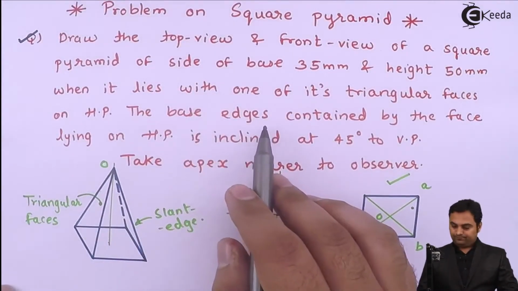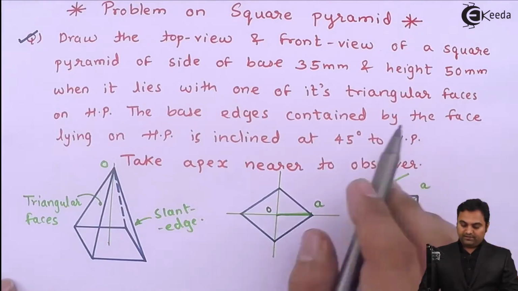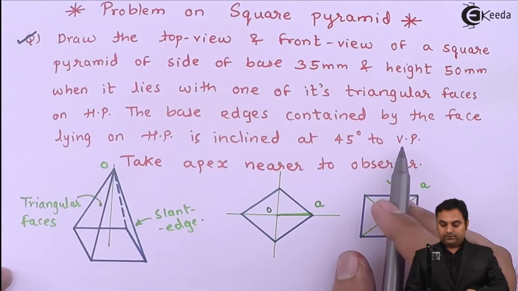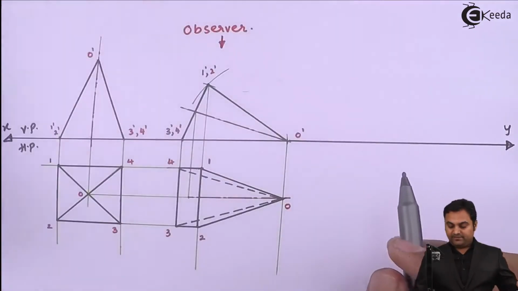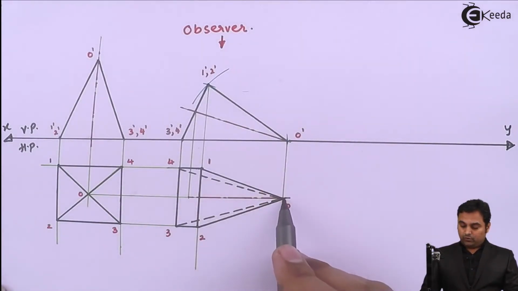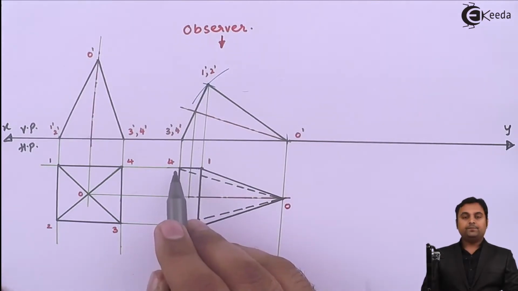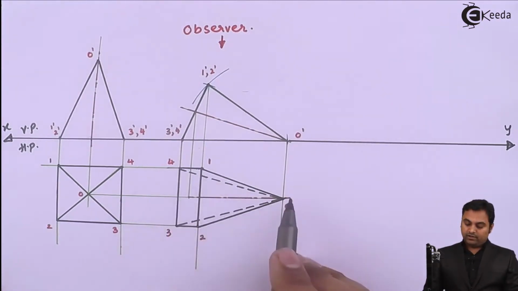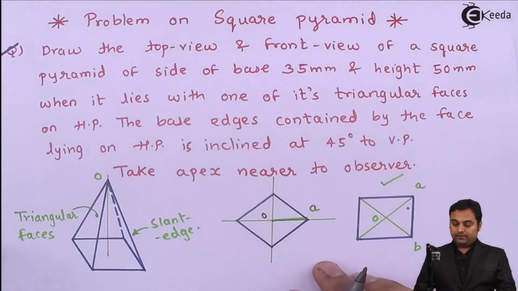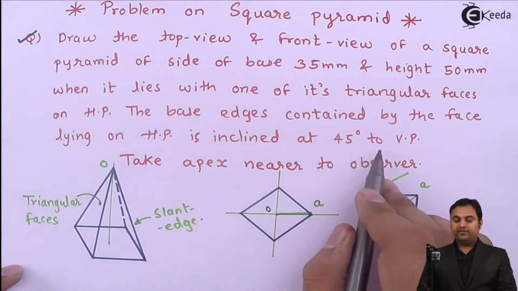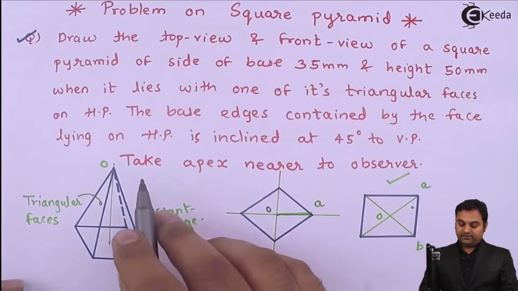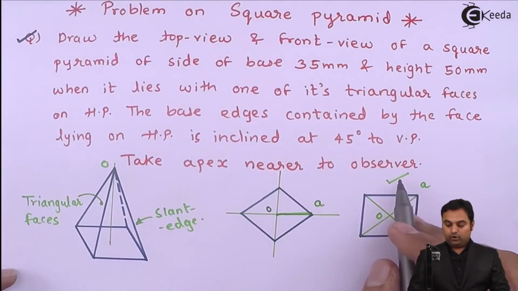Next, I'll read what is given next. The base edge contained by the face lying on HP is inclined at 45 degrees to VP. Now, the face which is resting on HP is this face O34. Now we can see it here. So this face O34 has a base edge 3 to 4, and in the problem it is mentioned that the base edge is inclined at 45 degrees to VP, so it will be seen in HP, and we have to draw it in such a way that the apex is nearer to the observer.